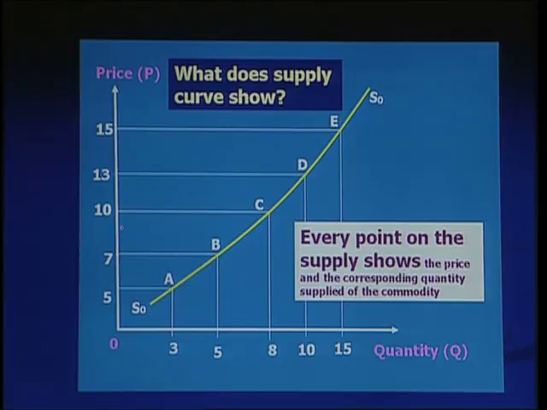And every point on the supply curve shows the price and the corresponding quantity supplied. For example, at point B, when the price is 7, the quantity supplied of potato is 5 kilo. Another example, at point D, when the price is 13, the quantity supplied of potato is 10 kilo.